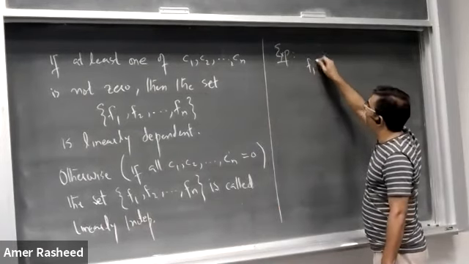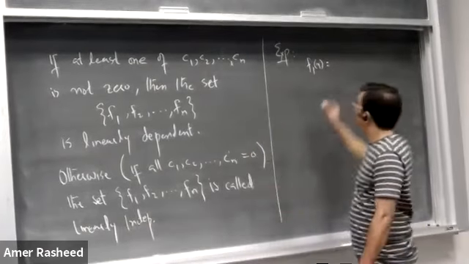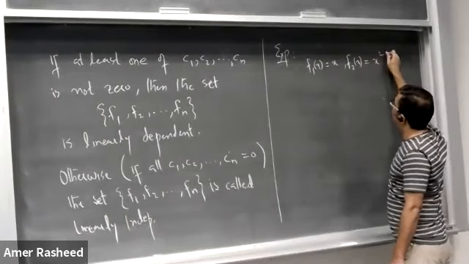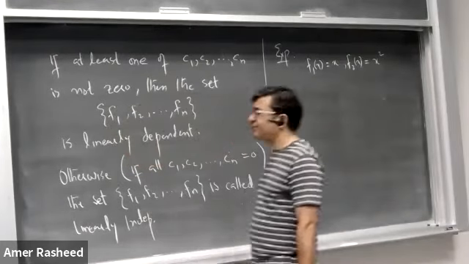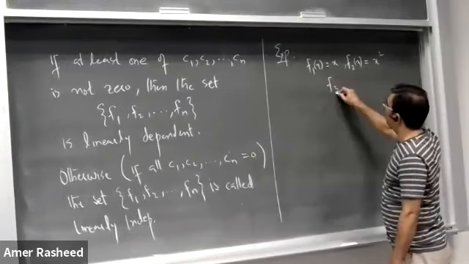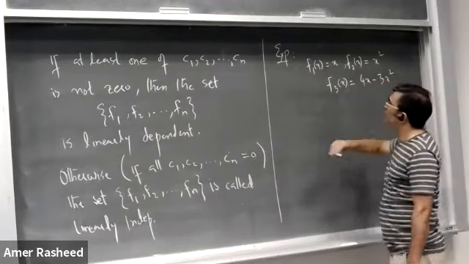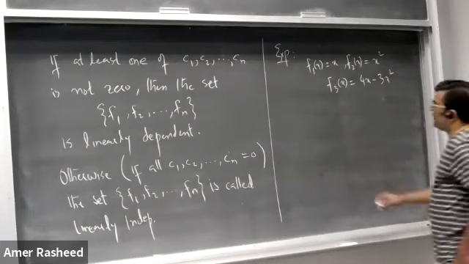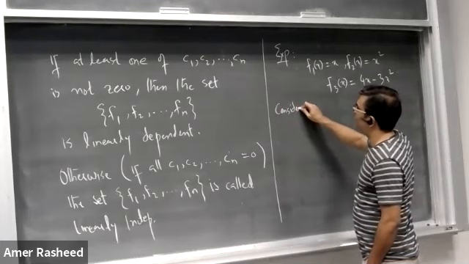For example, let f1 of x be x, f2 of x be x squared, and f3 of x be 4x minus 3x squared. Now we need to check whether these functions are linearly independent or not.